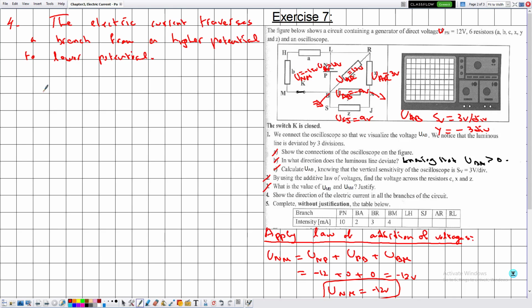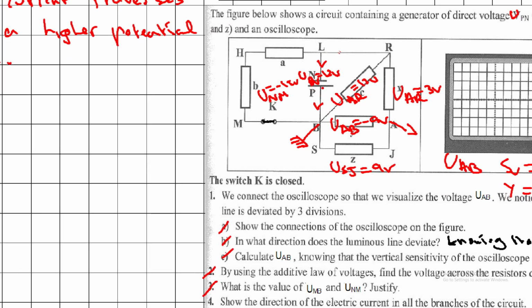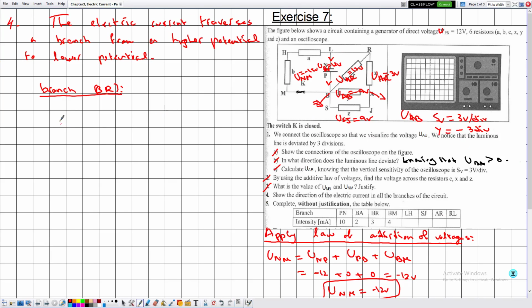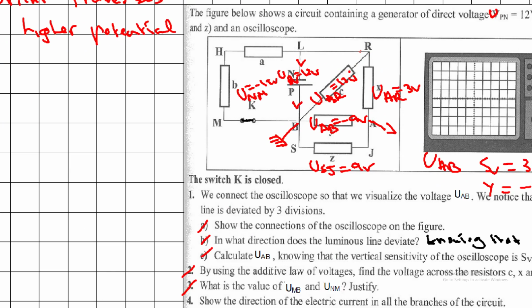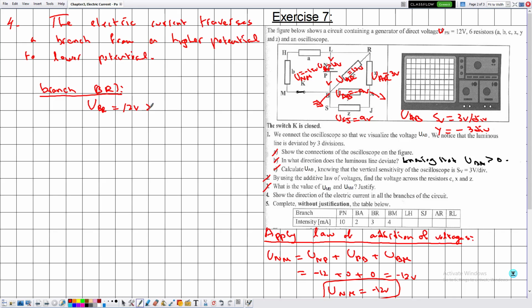So let me start with the branch BR. So okay, this is a main branch, so the electric current will be like this, because from the positive pole back to the negative pole. Now for the branch BR, UBR is equal to 12 volts, which is positive. So VB minus VR is positive, then VB is greater than VR, which is from B to R.